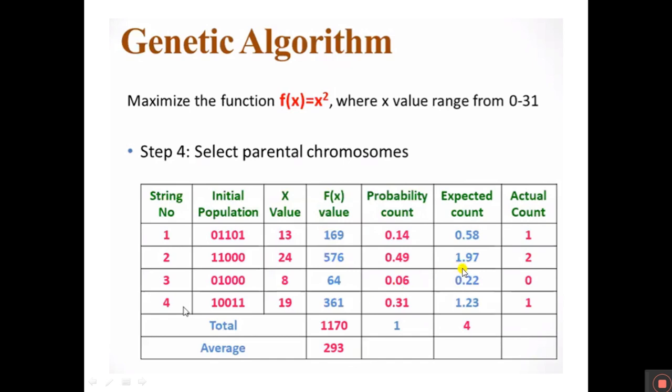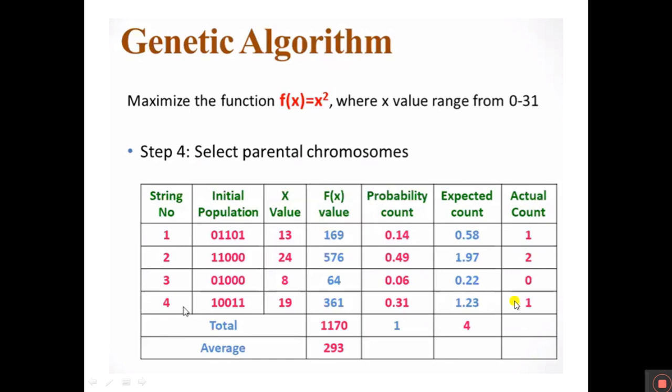If I divide, I will get 1.97. Similarly 0.22, 1.23. If I add, I am getting the value 4. If I round up these values, I get the actual count. So 0.58 becomes 1, 1.97 becomes 2, 0.22 becomes 0, 1.23 becomes 1.